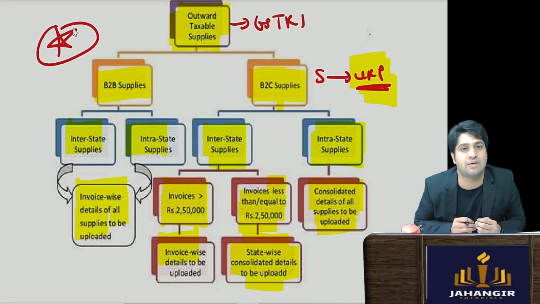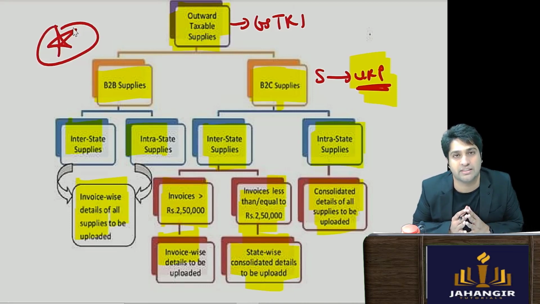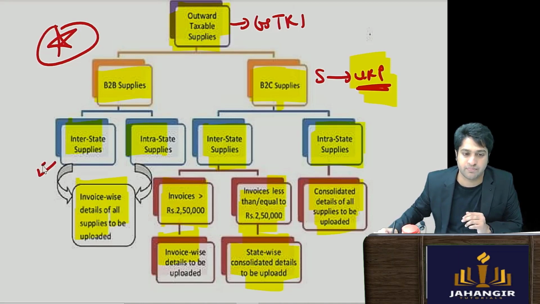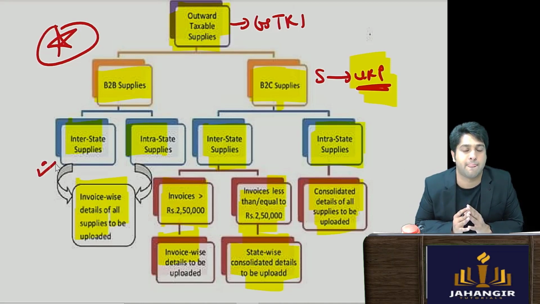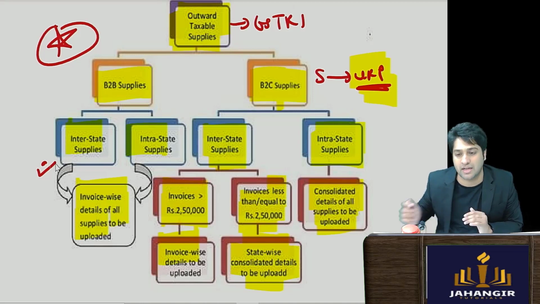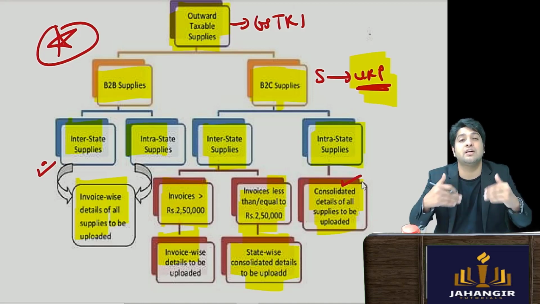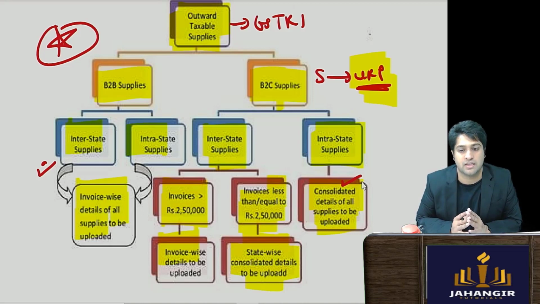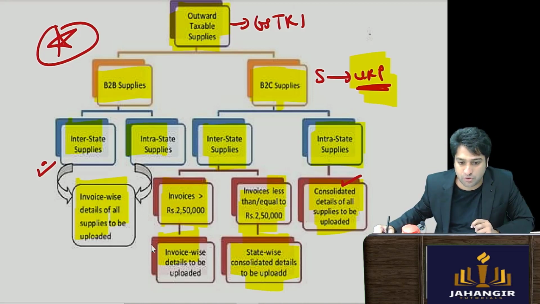So if I tell you I'm selling to a registered person, do I need to put invoice wise details? Answer is yes. Let's say I'm selling to an unregistered person in my state only, then again consolidated. If I'm selling to an unregistered person a value greater than 2.5 lakhs interstate, from one state to another, then I have to put invoice wise.